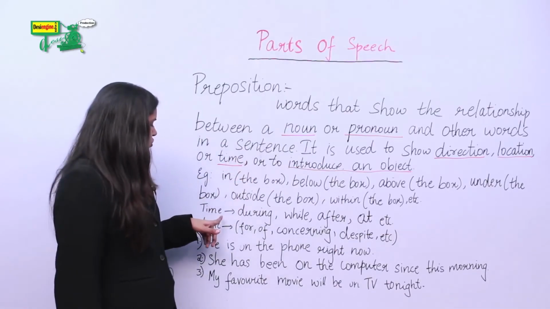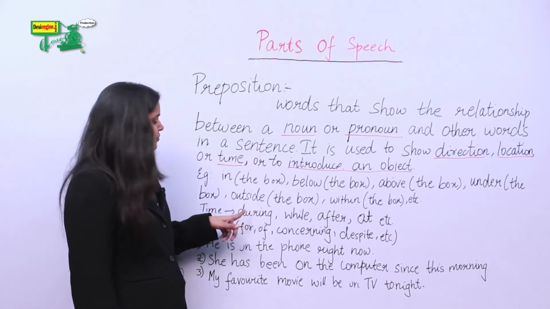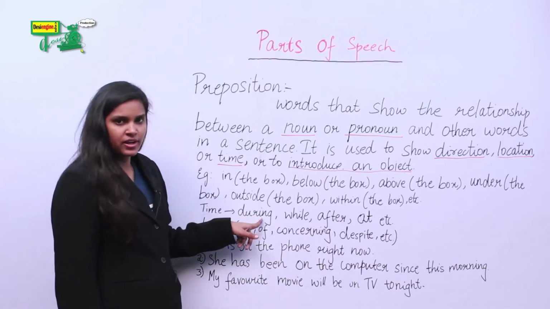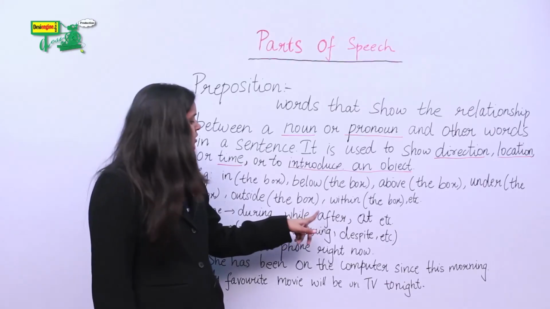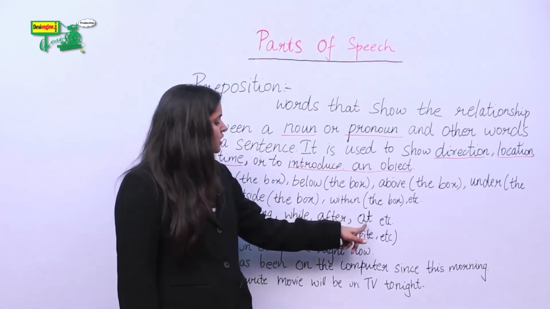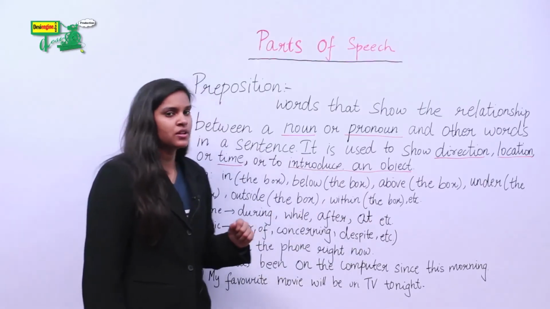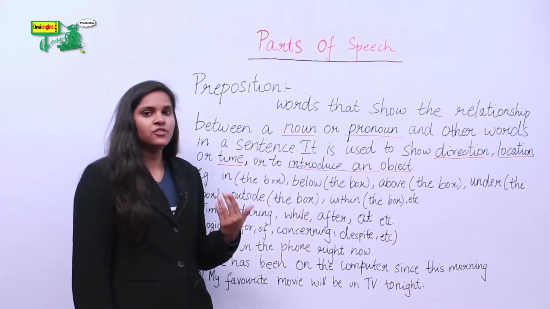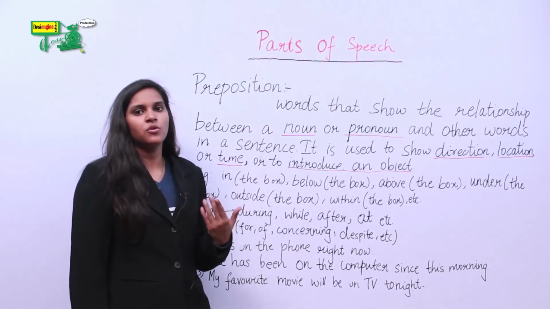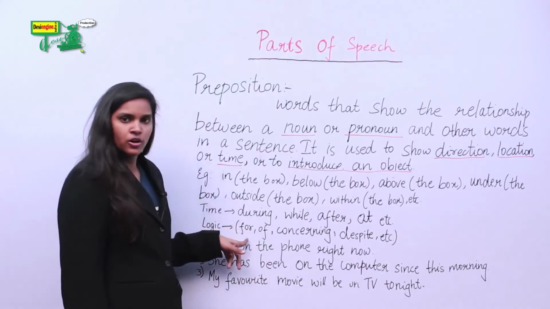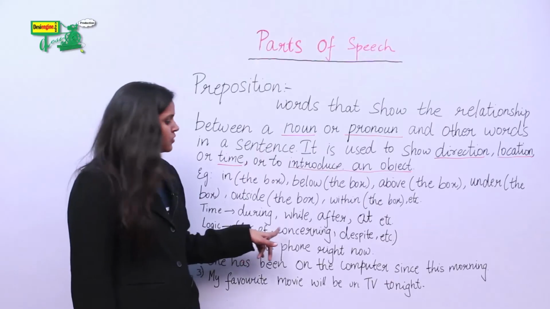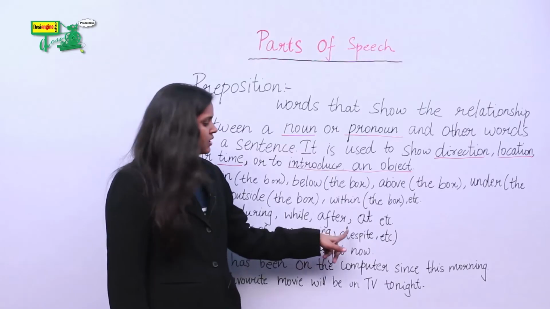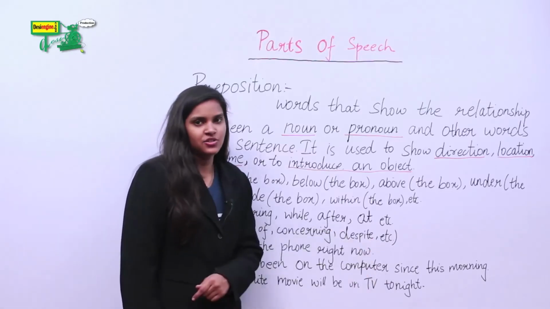It is also used to indicate time. That is, during, while, after, at, etc. When we are making any logical statements, even then we use prepositions. Some of them are for, of, concerning, despite, etc.